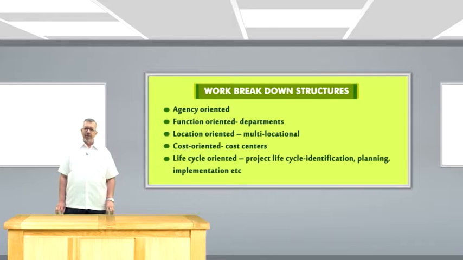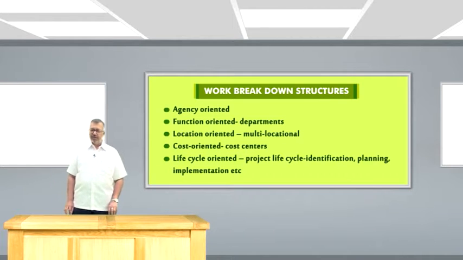Another way of looking at it is function oriented, and most departmental structures are like that. In a project also there will be several departments, like an accounts department, a procurement department, an engineering department, and this is a functional way of looking at these.